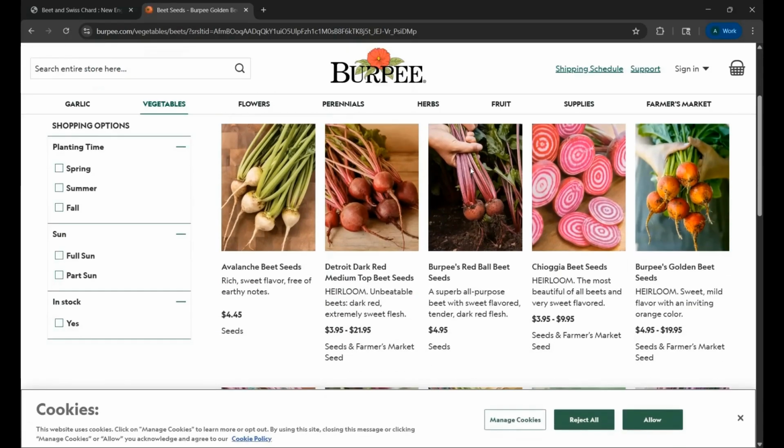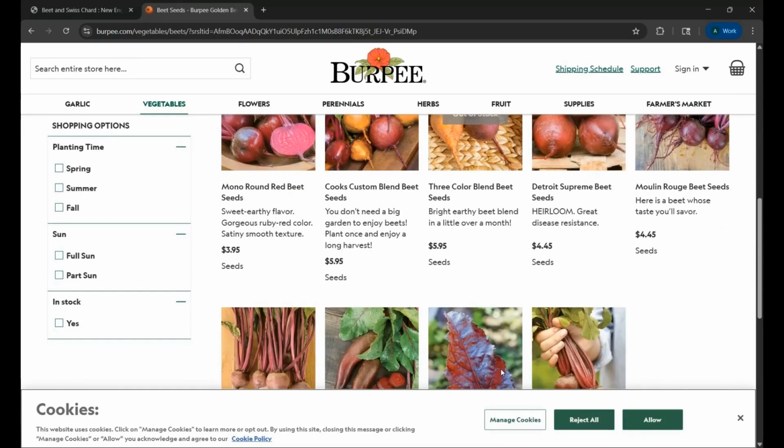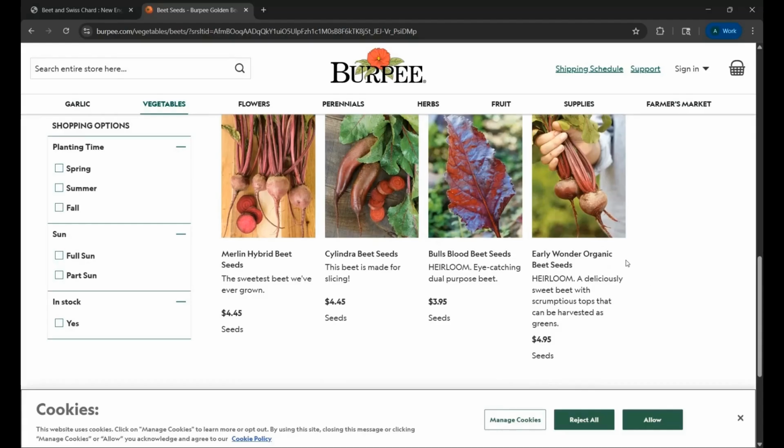So a couple different things that you might look at. Golden beets, 3-color beet blend. These are all beautiful. Organic beet seeds. Something to keep in mind about organic beet seeds: if you are organic certified, it is a requirement for you to use organic seeds or make your best effort at using organic seeds.